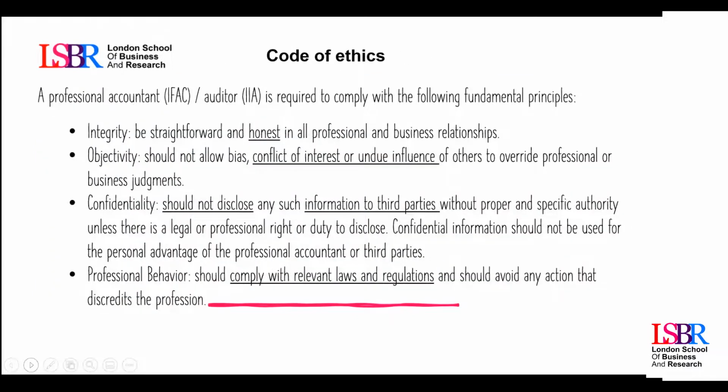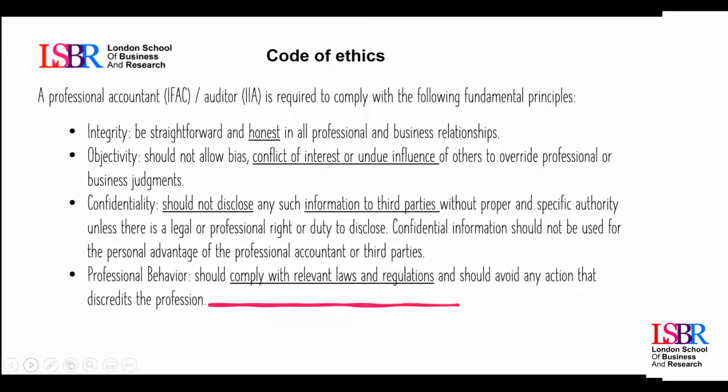Okay, then yesterday we reviewed the code of ethics. Every profession has its own code of ethics. In the case of the accountants, or in the case of the auditors, we have this code of ethics too.